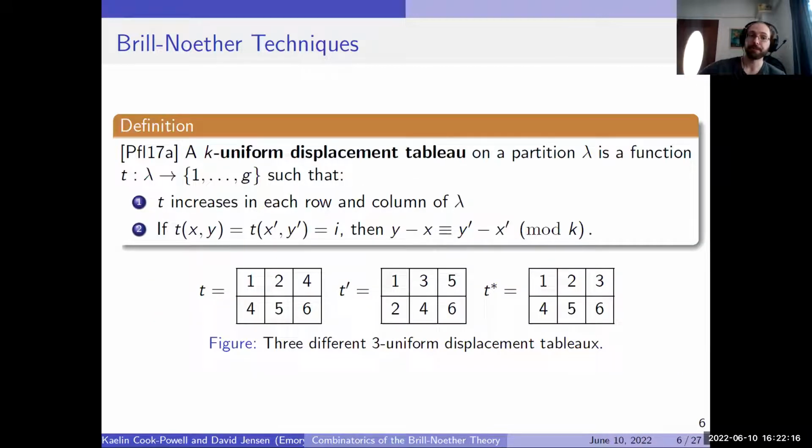I'm going to first introduce a slight deviation from Brill-Noether theory before.